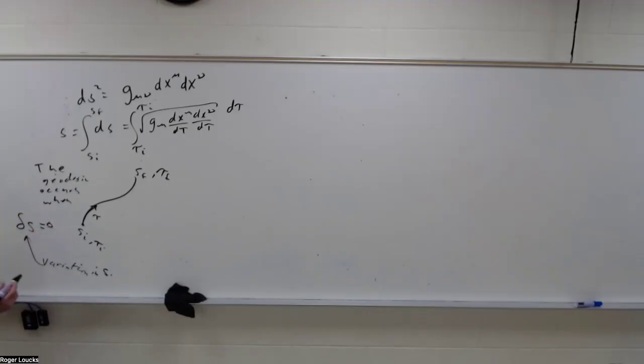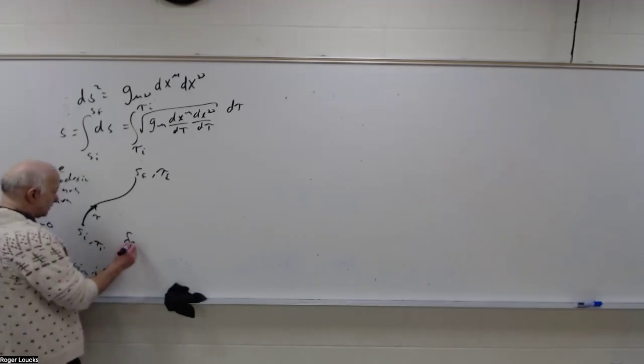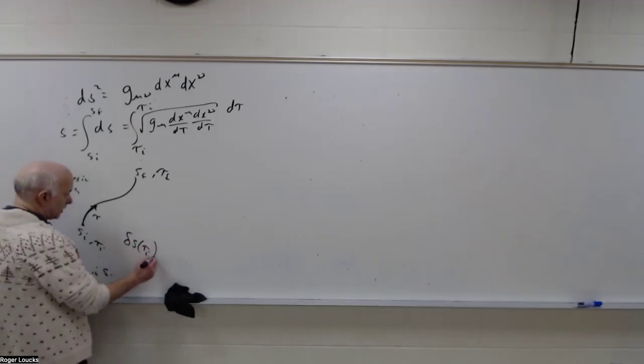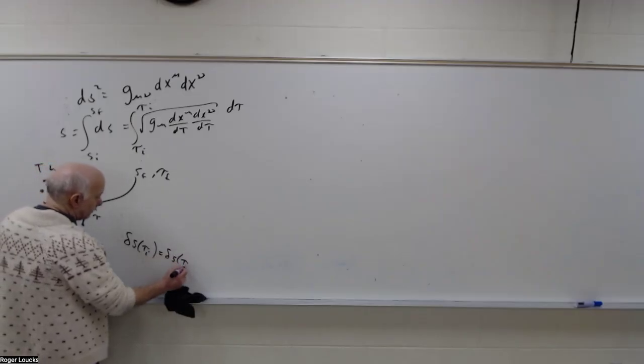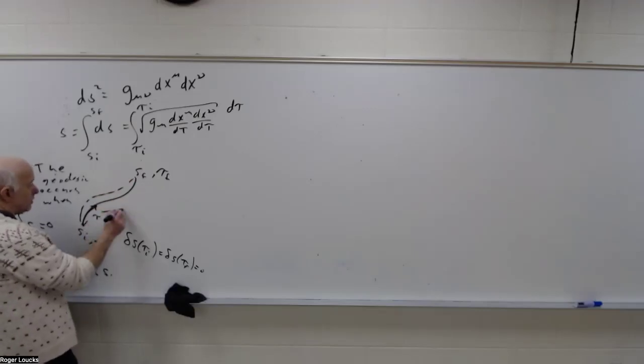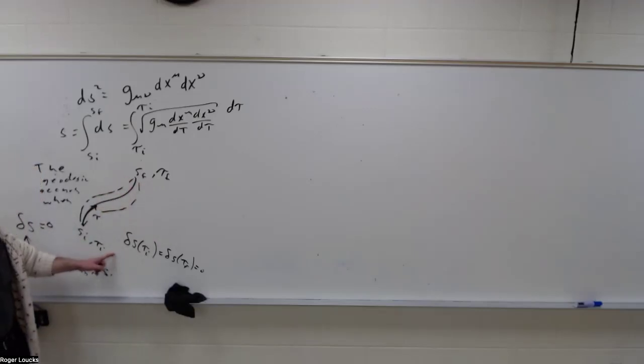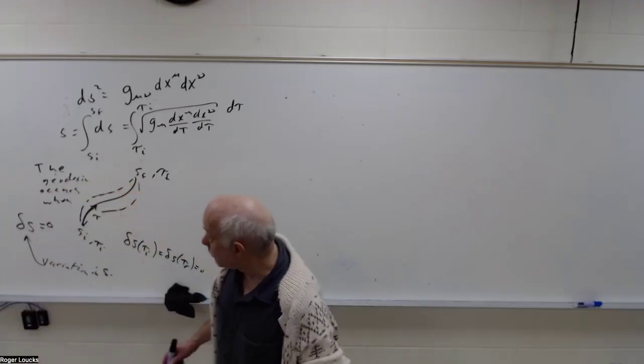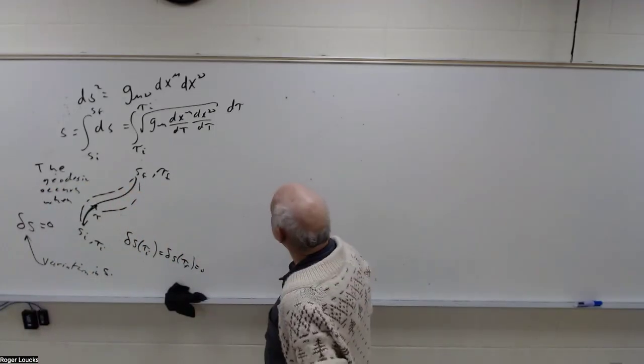And we're basically going to assume that delta s at tau initial and delta s at tau final equals 0. So we're going to look at paths like this one, not ones that start here and go like that, because we assume that all the variations in s are 0 at the endpoints. This is exactly like Hamilton's principle that we did in classical mechanics. And so what we want to do is do that.